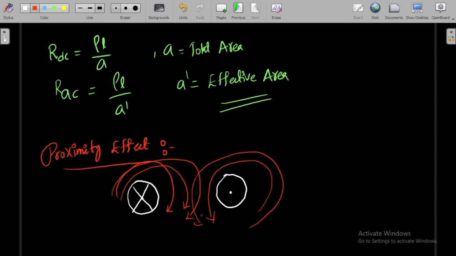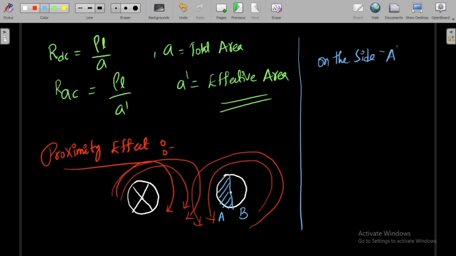Is it right? Now what happens is you will have a change in flux linkage from one side to another side. Consider this as one side, and this as another side. So on the side A of the second conductor, I am talking about the second conductor, both the fluxes are additive, and here you will have less flux.